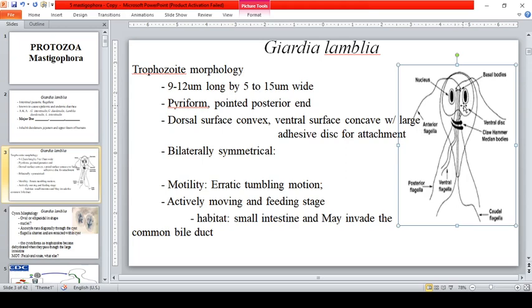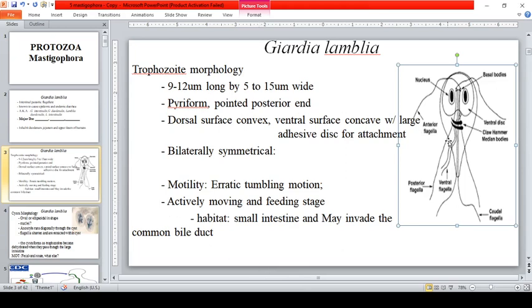That's why it is referred to as the parasite with glasses, sometimes the old man with eyeglasses.